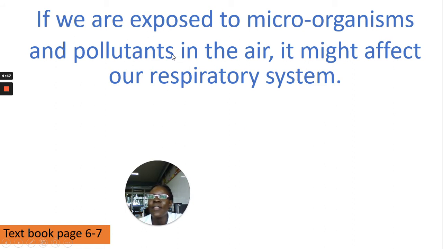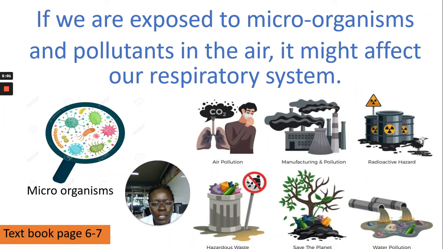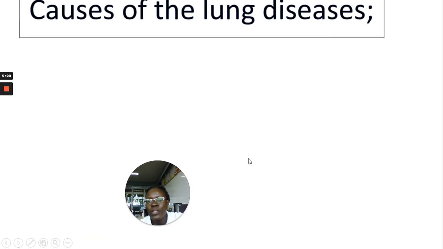Pollutants are things that make the air dirty. Microorganisms can be bacteria in the air, and these can cause problems to your respiratory system. And also we have air pollution, when you get bad smoke or something that does not smell so good, or pollution from factories, and they will affect your respiratory system. So you need to be careful.